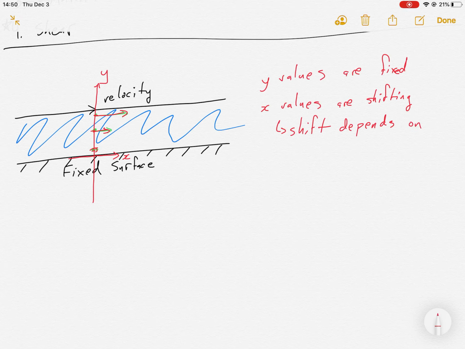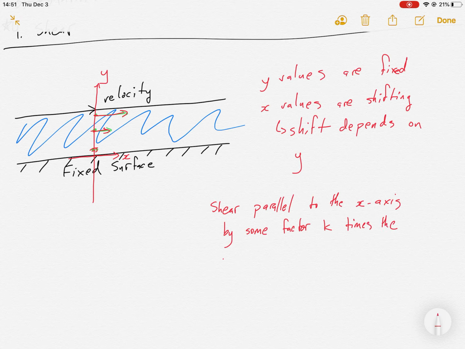So the shift actually depends on y. So what we could do is define a shear, which would be a shear parallel to the x-axis by some factor which we could call k times the y coordinate.